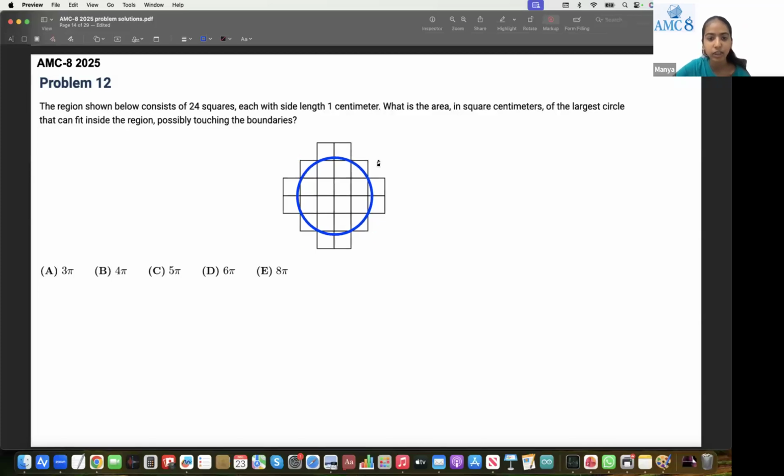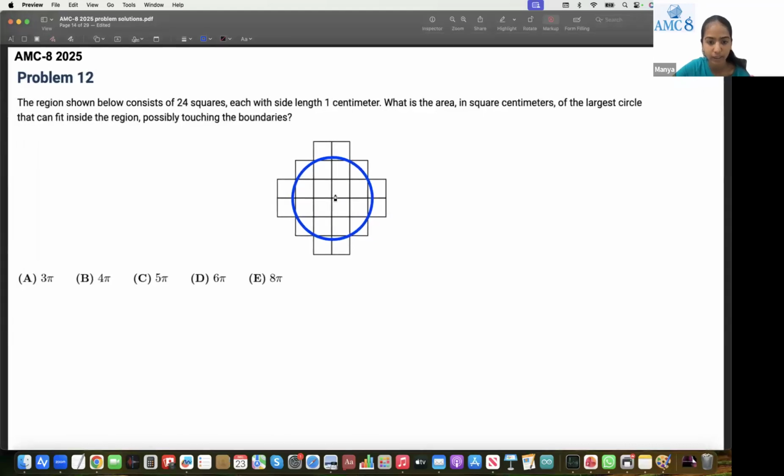And see, if this shape is touching the boundaries, and we know that this is 2, and this is also 2. Oh, sorry. We know that this one is 2, this one is 2, and this radius is also equal to 2.